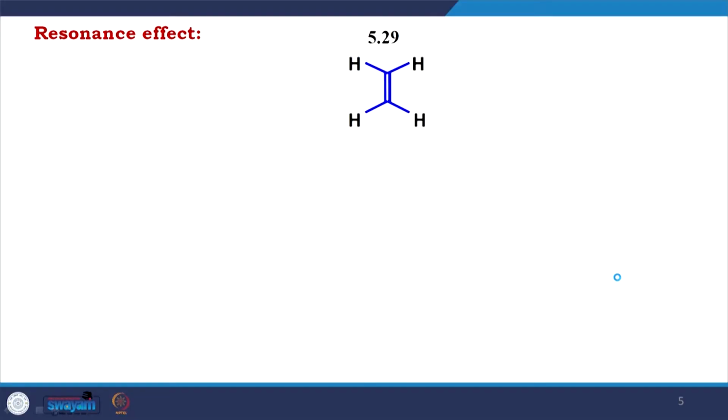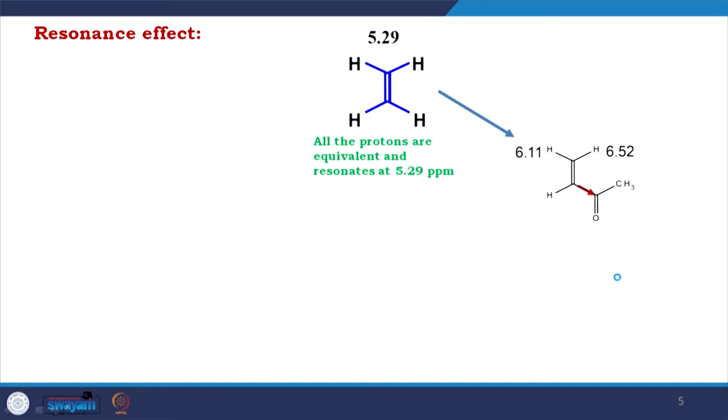Resonance effect. So, we have CH2 double bond CH2 at 5.29 ppm; all the protons are equivalent here and resonate at 5.29 ppm.